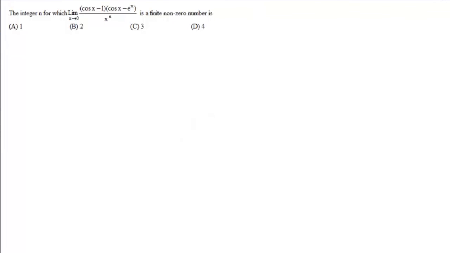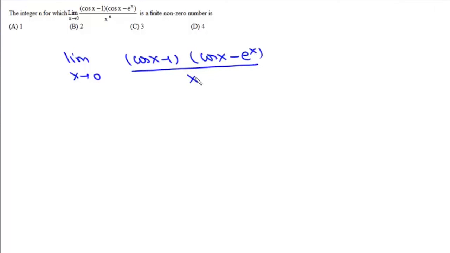Now here the question is, the integer n for which this limit is a finite non-zero number. Now this is limit x tends to 0. That means we are looking for the lowest power of x in the numerator and the denominator. Now this is cos x minus 1, and this is cos x minus e to the power x upon x to the power n.